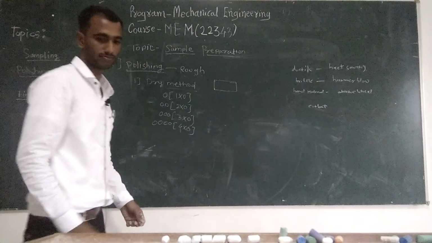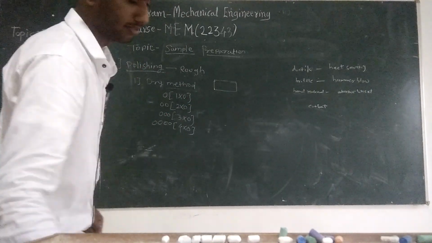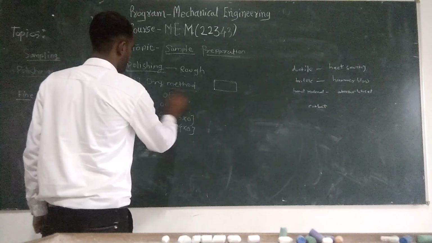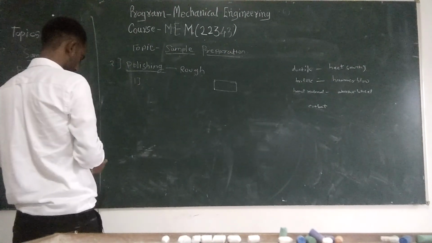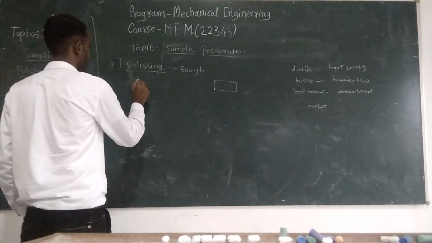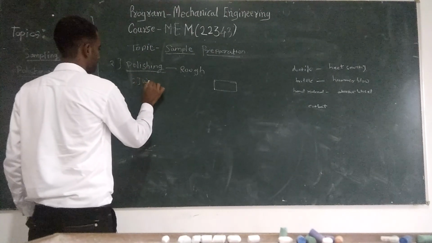Next one is the wet method. The second type of rough polishing is the wet method.